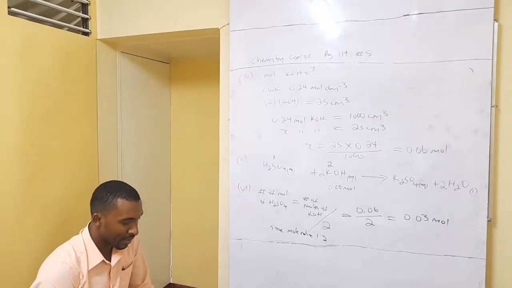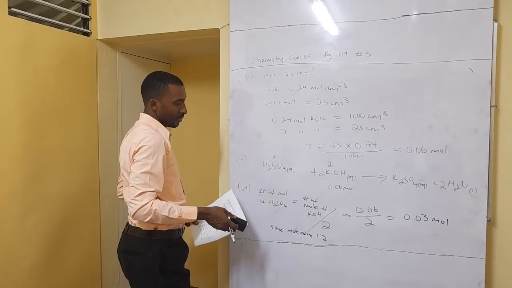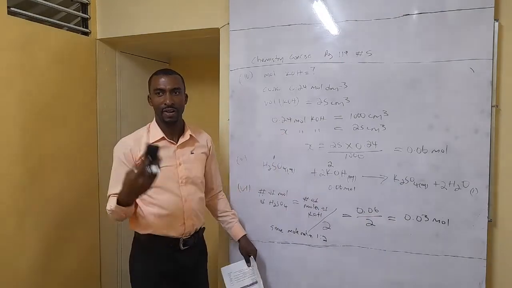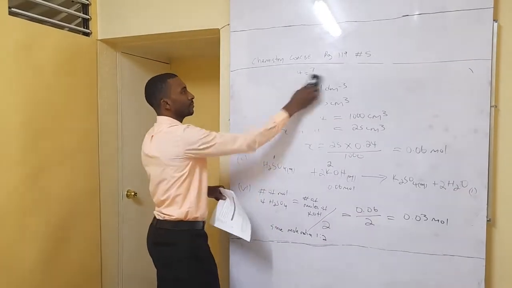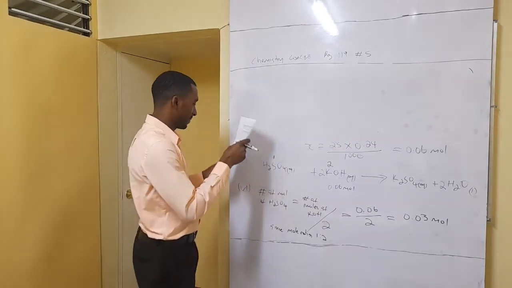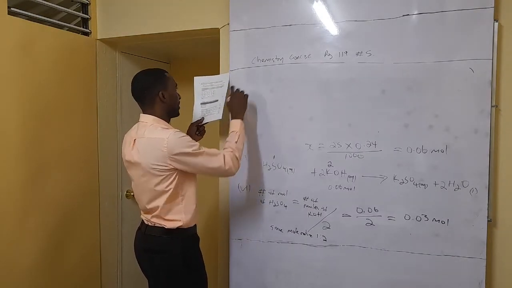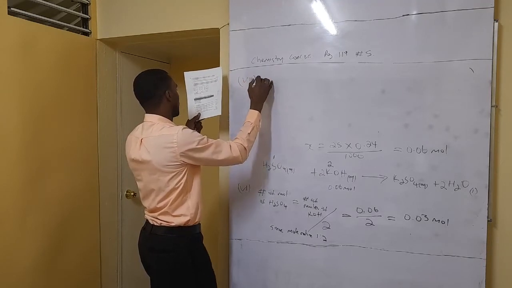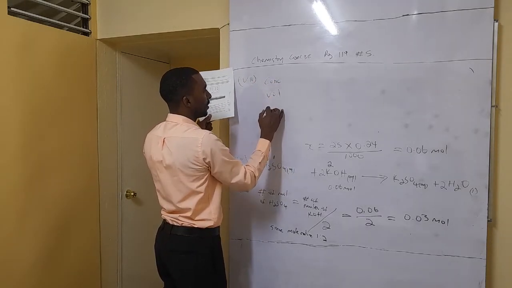Alright. Calculate the molar concentration of sulfuric acid. So now we're going to have the moles of sulfuric acid and we're going to have the volume, so we can calculate the concentration. Following? Because of the same three quantities I spoke about earlier: concentration, volume, mole.